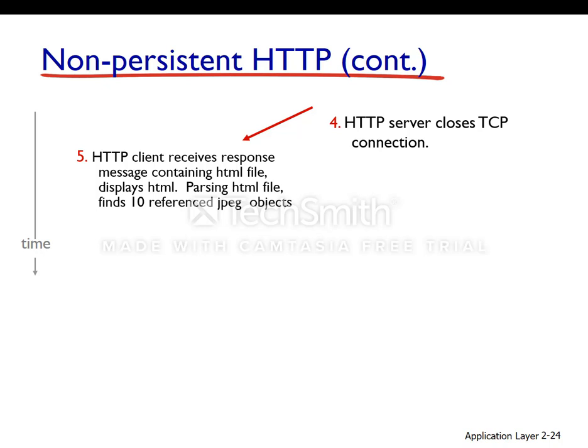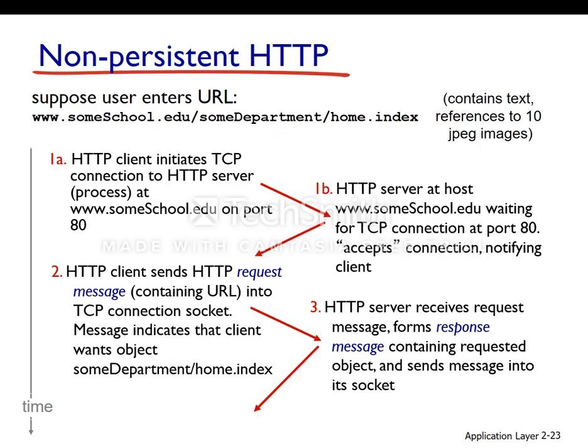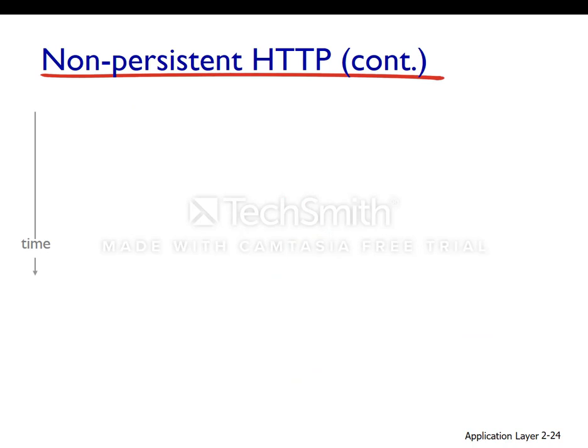Okay, it parses the HTML file and says, oh, there are these 10 referenced objects. And now it has to go back and fetch each of those 10 objects. So it's going to basically repeat steps 1 to 5, and steps 1 to 5 are listed right here. And so it's going to do that for all the 10 objects.